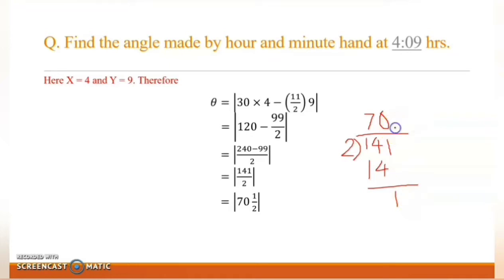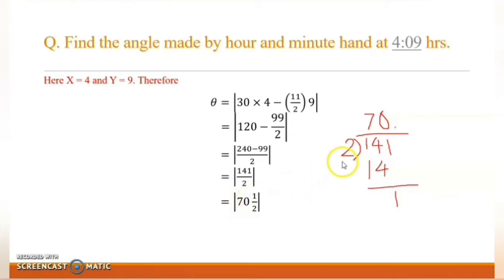So we are not interested in what comes after this decimal point. So here if you look at this, the complete integer that goes here is 70. Now therefore when I divide 141 by 2, this is called the quotient and this is called the remainder. So here 141 divided by 2 is equal to 70 into 2, that is 140 plus 1.